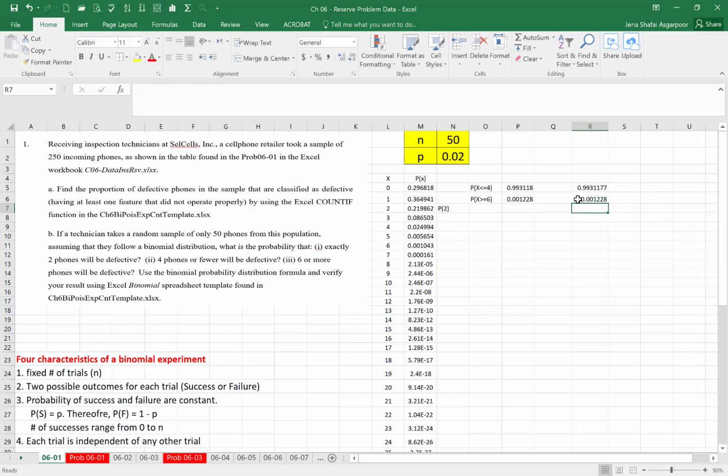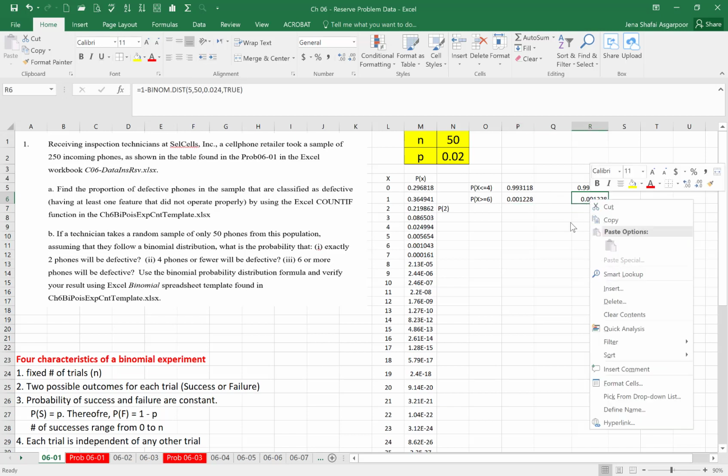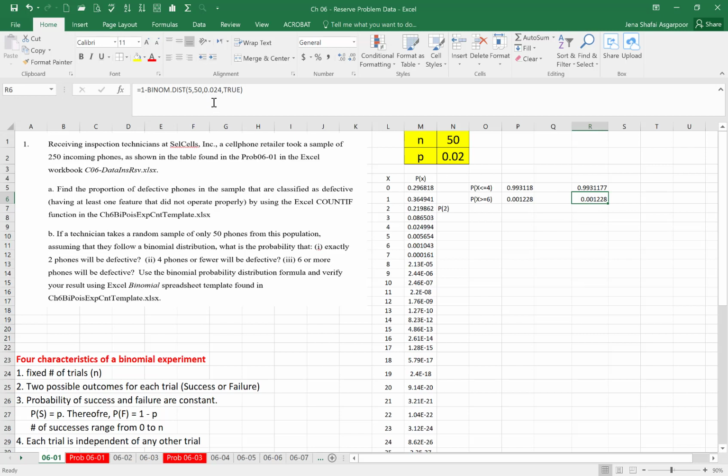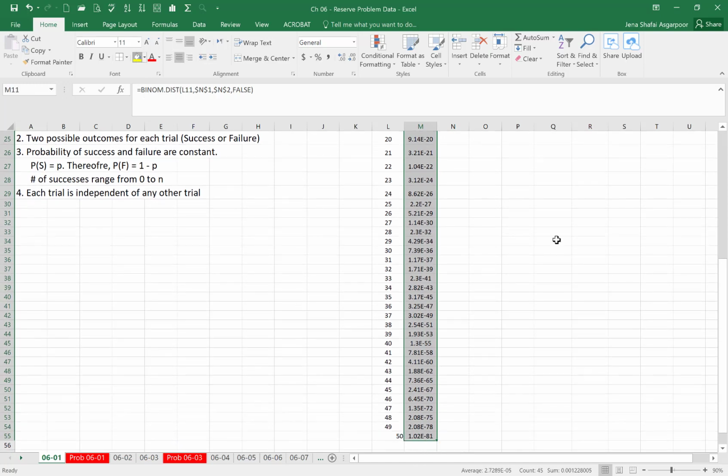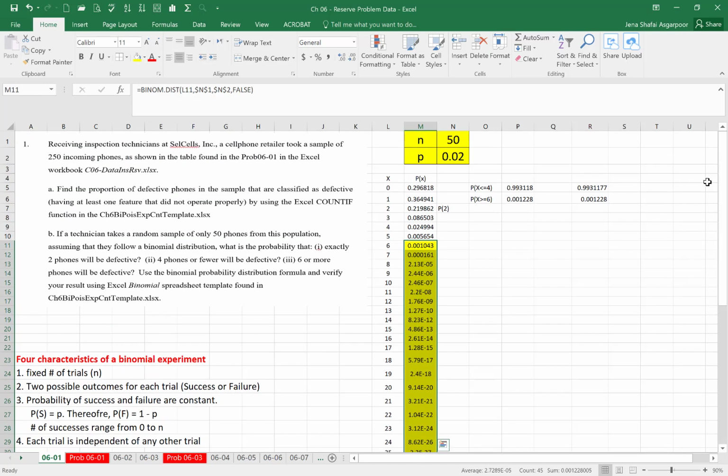And again, we get exactly the same number, because in this case we're looking at the probability of 0, 1, 2, 3, 4, and 5, and then we subtract that from 1, so that would be the probability of 6 or more. So 6 or more is over here.